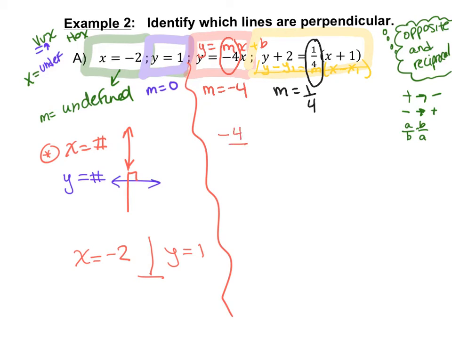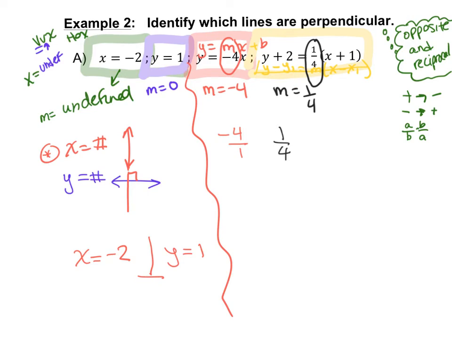-4 is the same as -4/1, and 1/4 are reciprocal of each other. And not only are they reciprocal, but they're also opposite signs. One is negative, one is positive. So these two lines are perpendicular to each other.